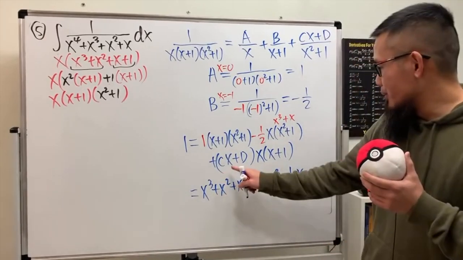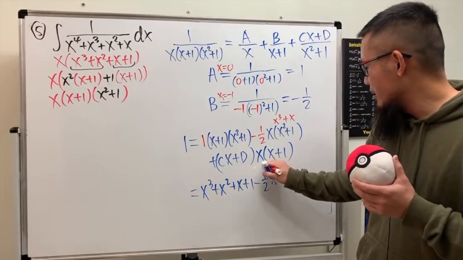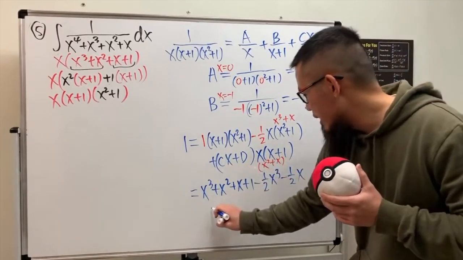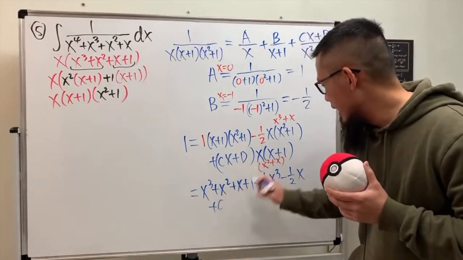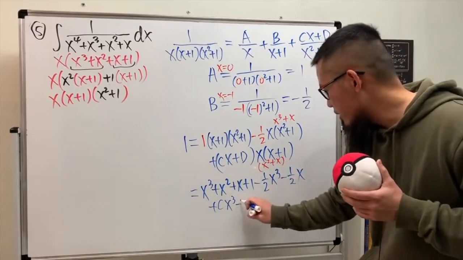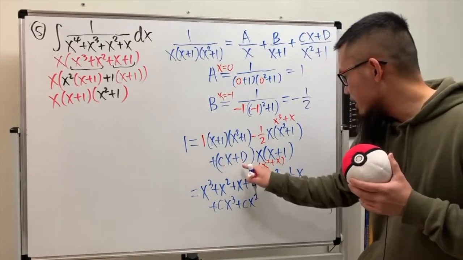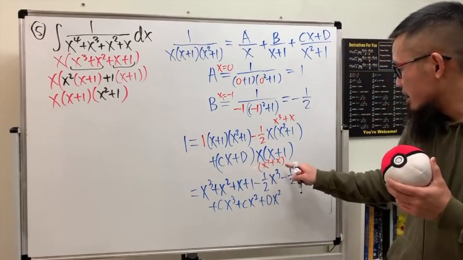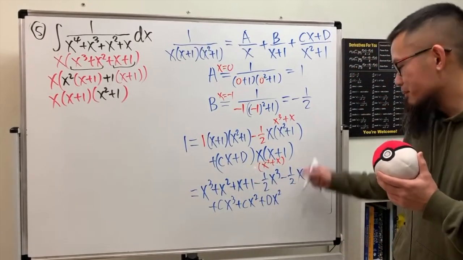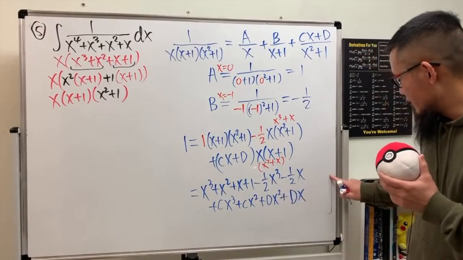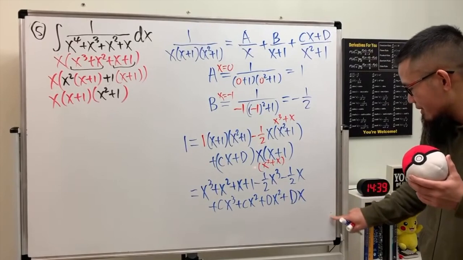Next, you multiply this out, and this is really x squared plus x. So you do this times that, we get plus cx to the third power, and then cx squared, and then dx squared, and then lastly dx. Well, bad notation, but whatever. Yeah, we're not differentiating anything here, so anyway.